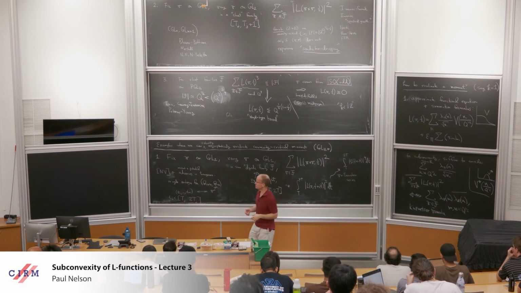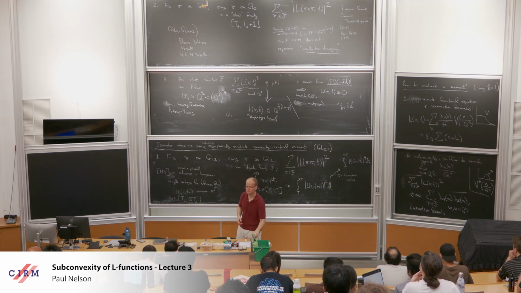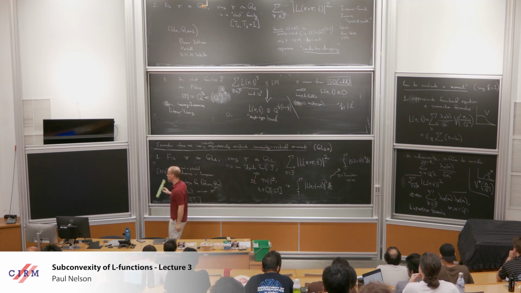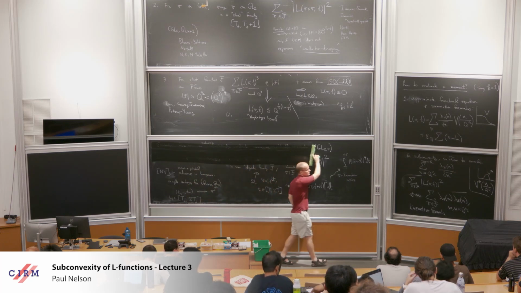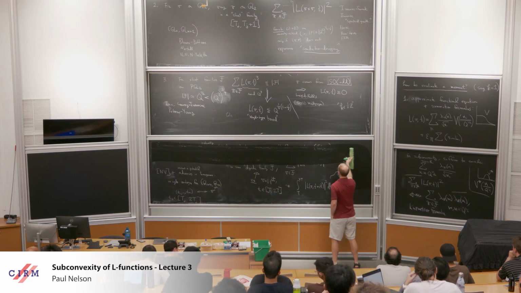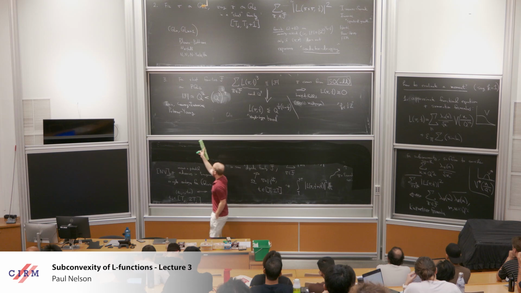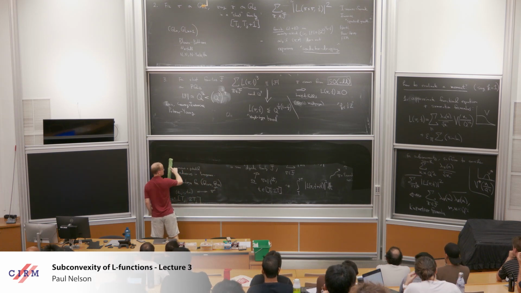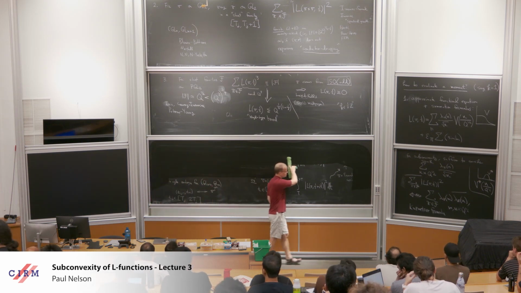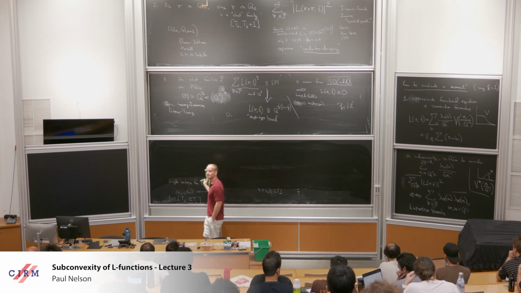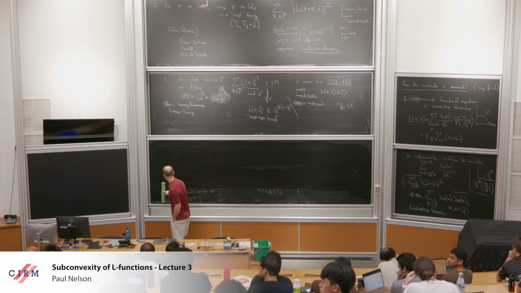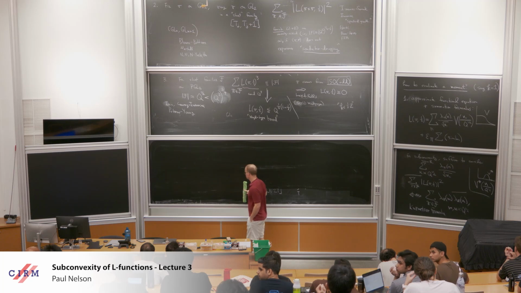Any questions on these ones so far? While I erase. Yeah. So in the second example, they are varying phi on GL2.